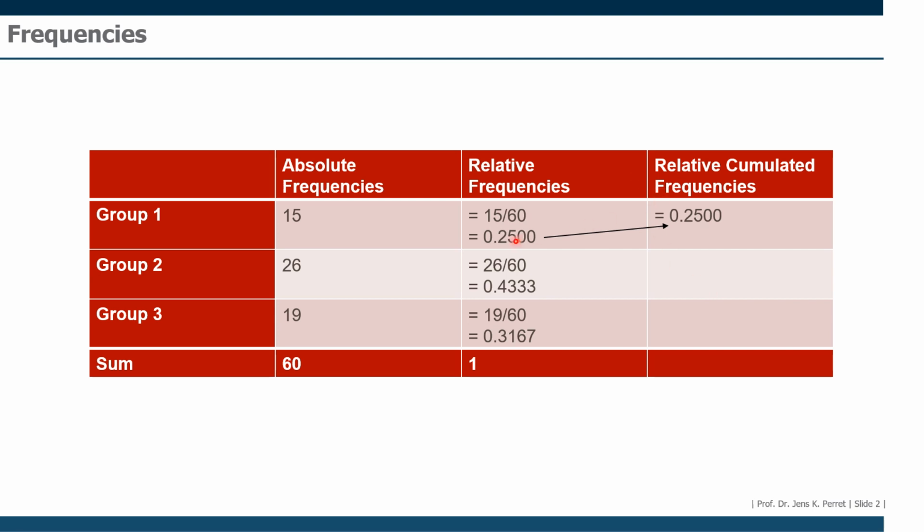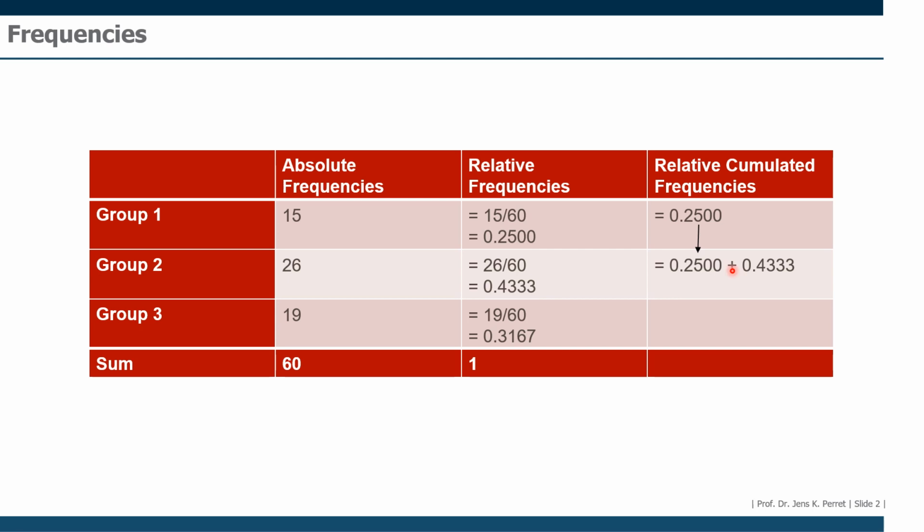Well, in the first one, I'm simply going to copy the relative frequency from group 1, because there's nothing before this. So before there was 0, now we have the 25 added from the first group. In the next part, we're going to take the 25 from here, going to add the 43.33 from here. That's one way to think about it.